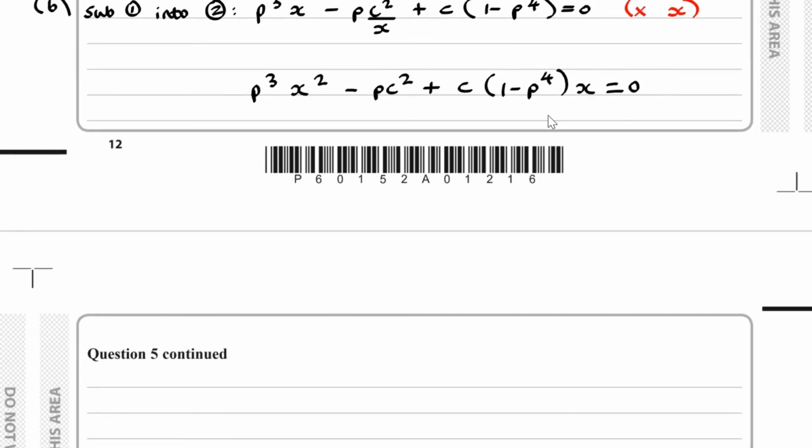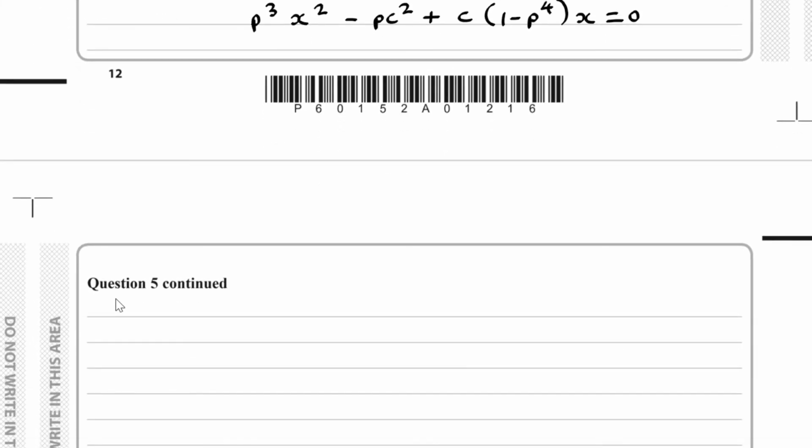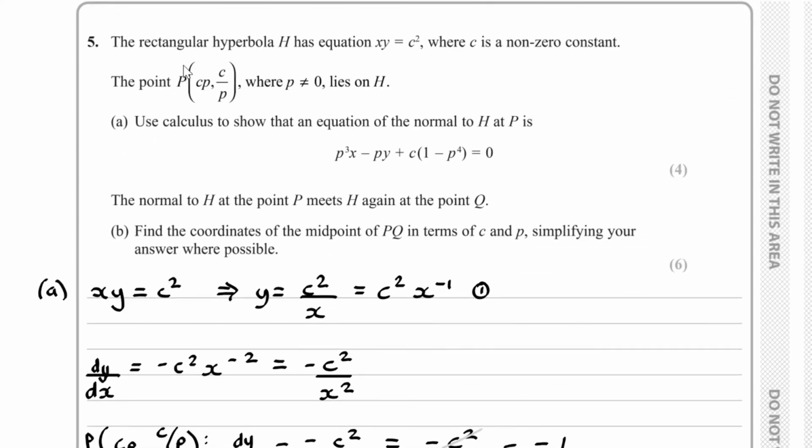We have x squared, an x and a constant. We can write an equation as follows. We have p cubed x squared plus c lots of 1 minus p to the power of 4 multiplied by x minus pc squared equals 0.